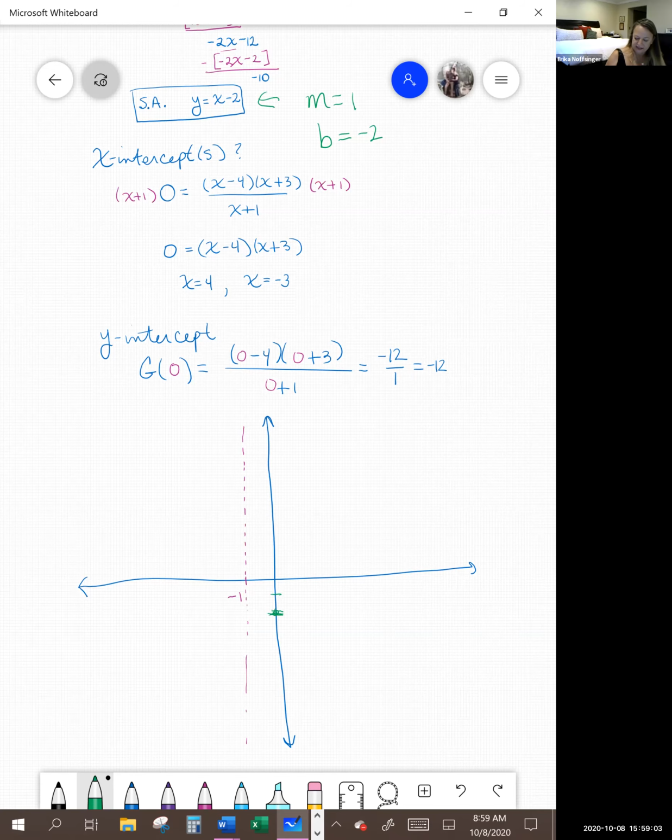So a point at 0, -2, and if I rise 1, I would go over 1. Rise 1, go over 1. So I got my graph that looks like this.